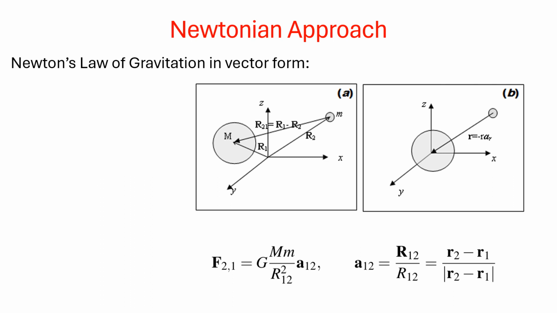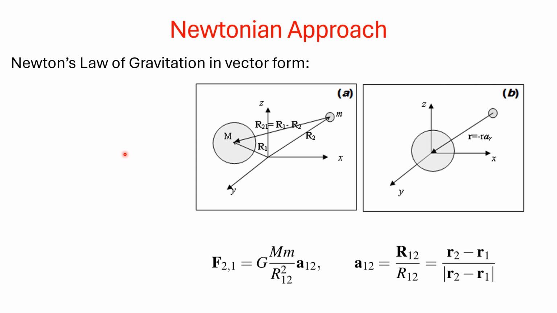Very quickly here, I would like to roll through certain things that one learns at the junior college level physics, that is the vector form of Newton's law. When we have two gravitating objects, they attract each other.